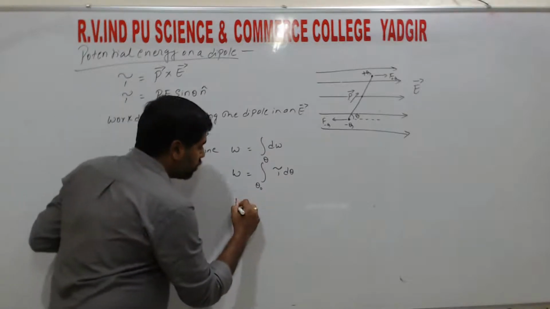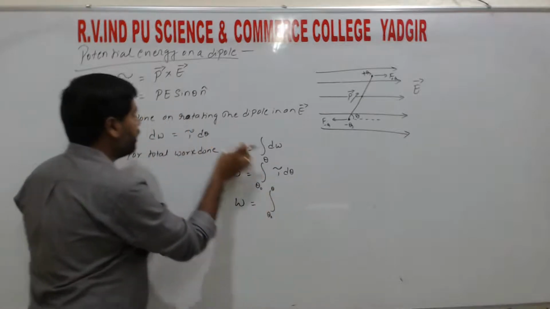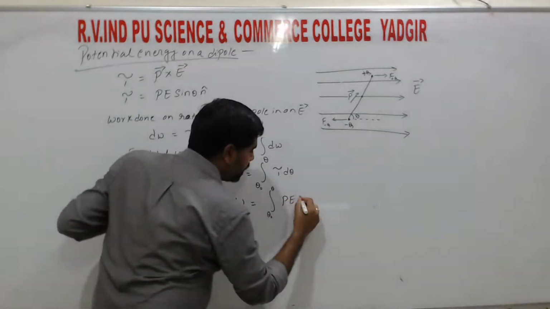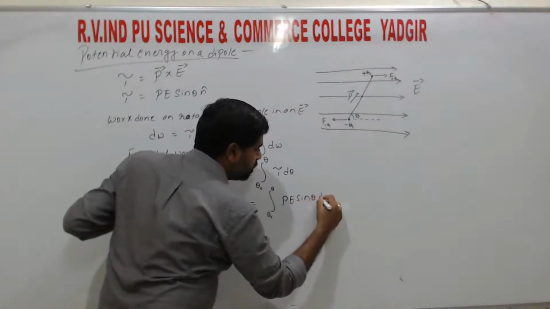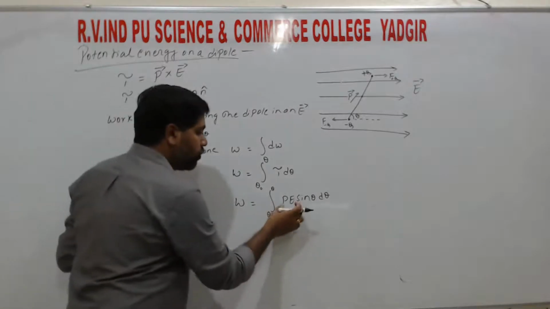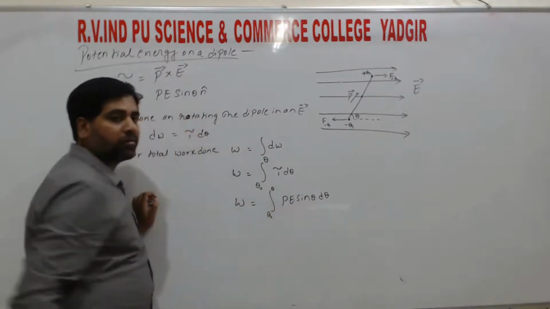So now the total work done W equals the integral from theta naught to theta of the tau value, that is PE sin theta d theta, right? Here P is constant and E is constant, and we are integrating sin theta.